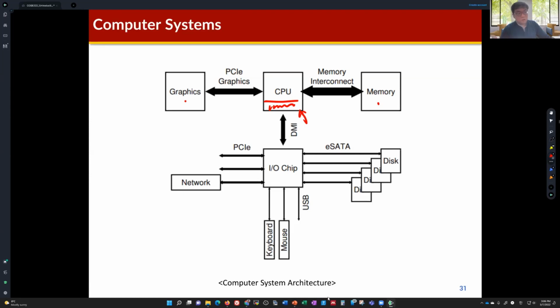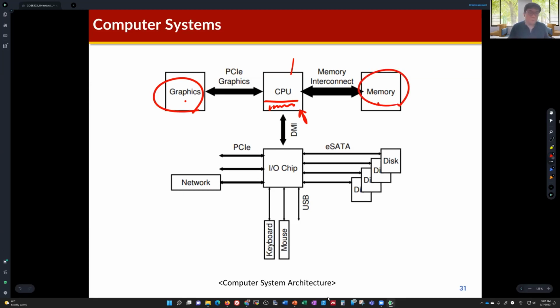We cannot use many pins if the chips are separated from each other, and if the pin count is decreased, then bandwidth is also decreased. So modern computer systems integrate this north bridge part inside of the CPU to support very high bandwidth data transfers between GPUs and memory.